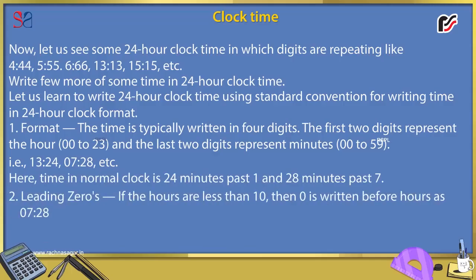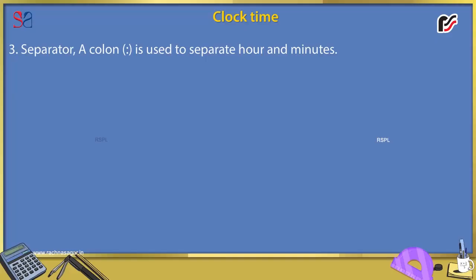Second, leading zeros. If the hours are less than 10, then 0 is written before the hour as 07:28. Third, separator. A colon is used to separate hour and minutes.